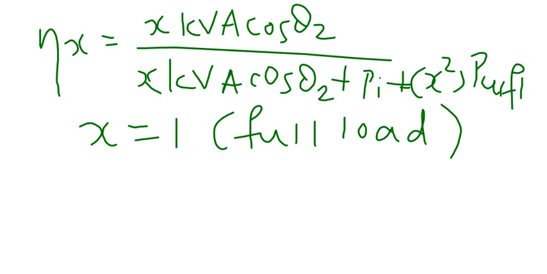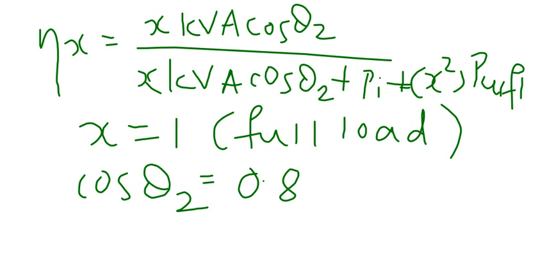So full load 0.8 power factor, that is cos theta 2 is equal to 0.8. This is given. So now the problem appears to be very simple. The only thing you have to keep in mind is that here it is in kVA, here it is in watts. So either you convert kVA into VA if you want to use the watts as it is, otherwise, since it is kVA here, you convert watt into kilowatt.